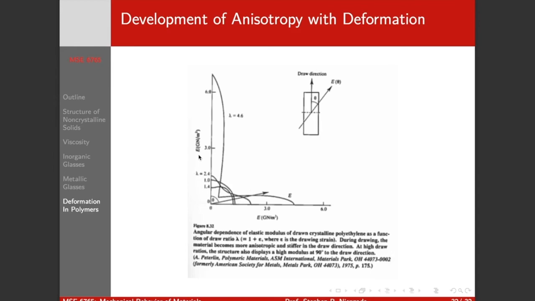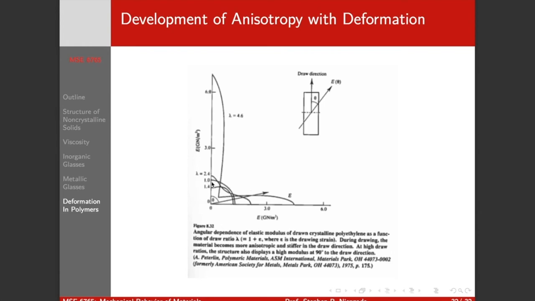This is the modulus along the x direction, the modulus along the y direction, the modulus along the draw direction. And as you increase, you develop anisotropy. Your chains become very highly oriented. So you get a much stiffer response along the drawing direction than along other directions.